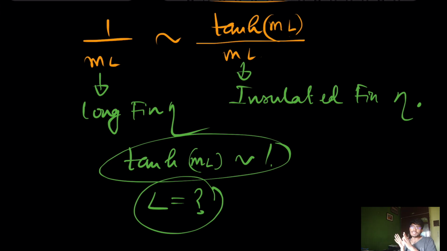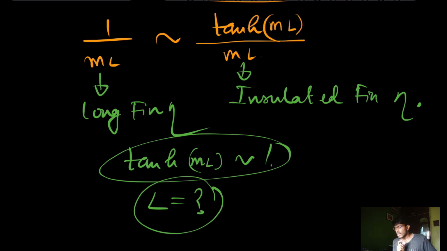By comparing that equation you can get an L. That L will denote the critical length at which the fin can be approximated as the insulated fin tip, also as the long fin. But if L is much greater than that critical length, then you are supposed to consider the fin with the long length consideration. I think I am clear.